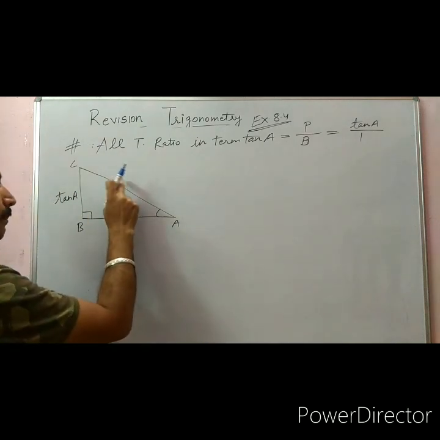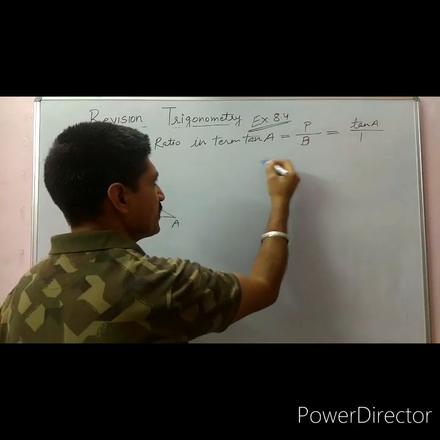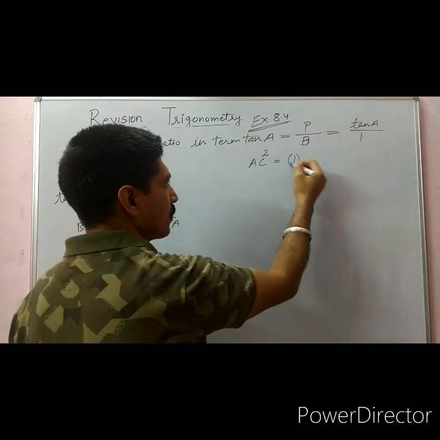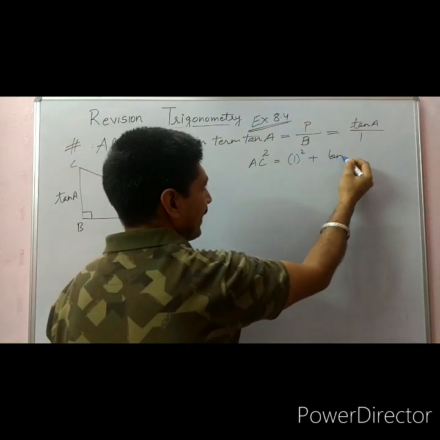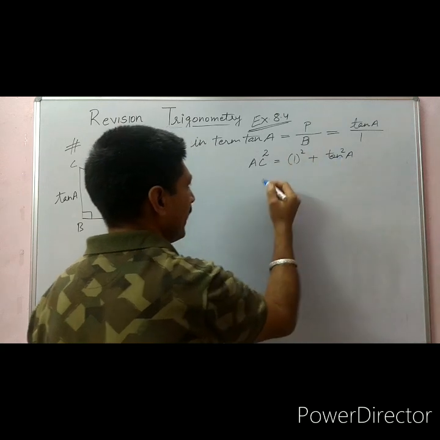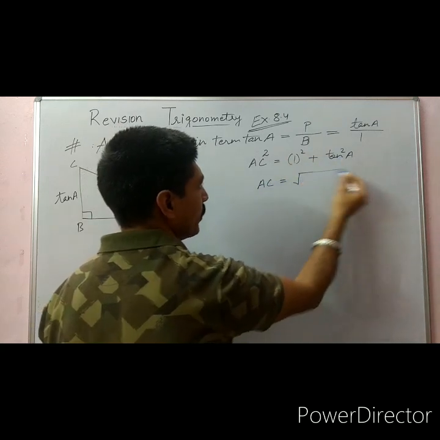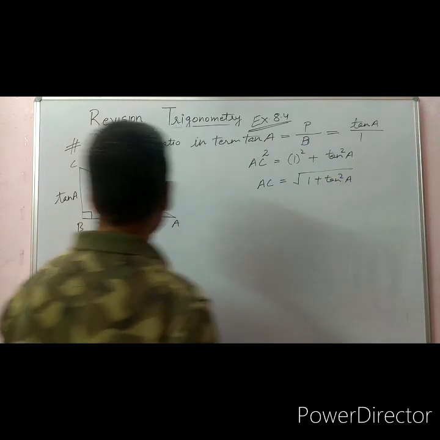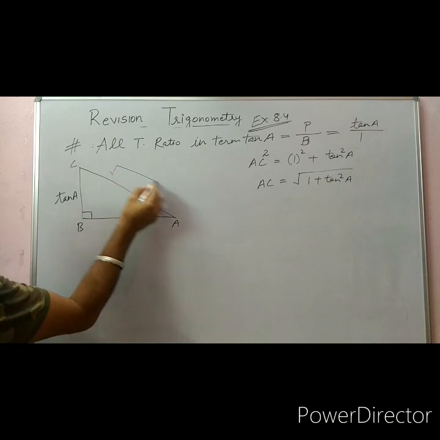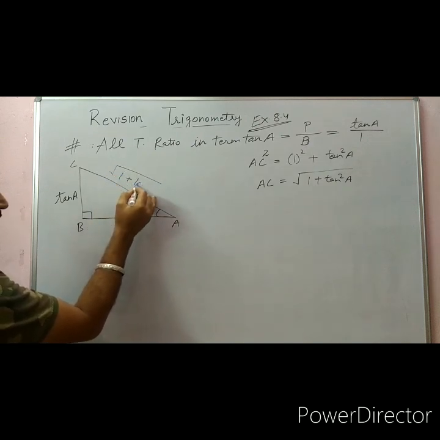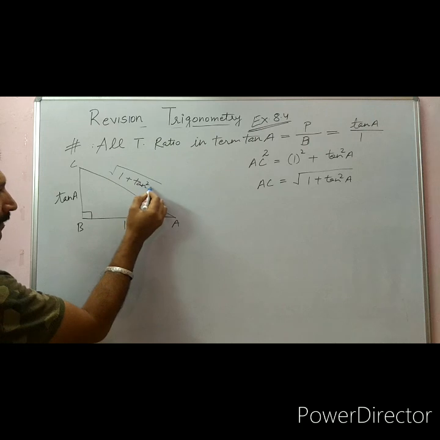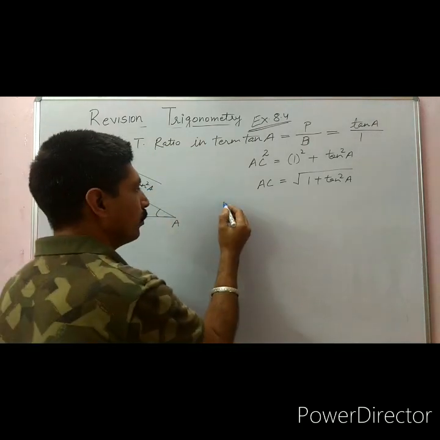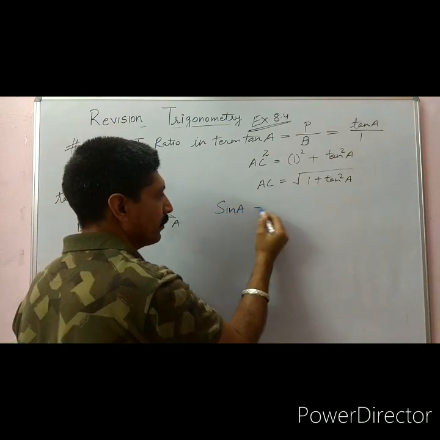So here, by applying Pythagoras theorem, AC square is equal to 1 square, which is 1, plus tangent square of A. So we have AC equal to the square root of 1 plus tangent square of A. So we now have all the three sides. Whatever t ratios we want to find, we can write.